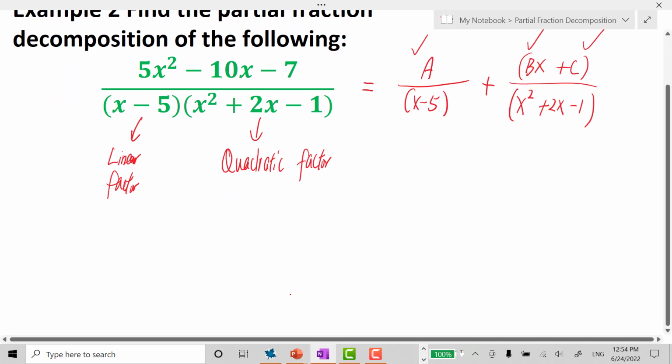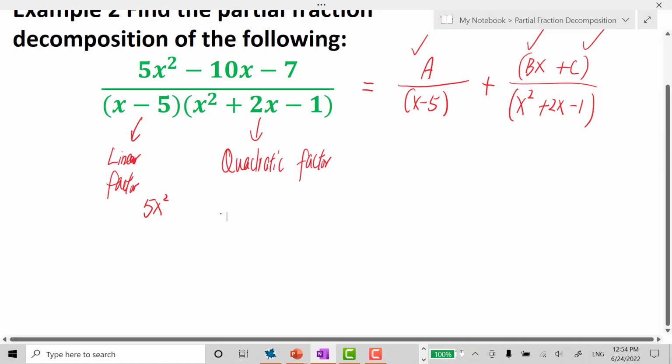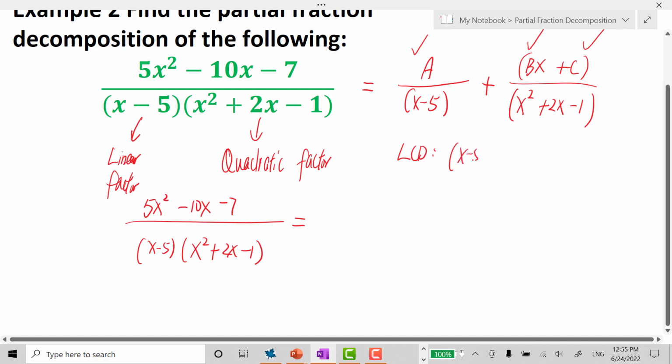So let's copy the left-hand side, 5x squared minus 10x minus 7. The denominator is x minus 5, x squared plus 2x minus 1. And we know the LCD here is x minus 5 times x squared plus 2x minus 1.